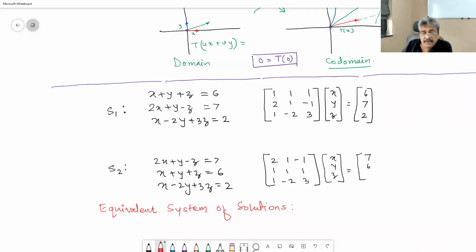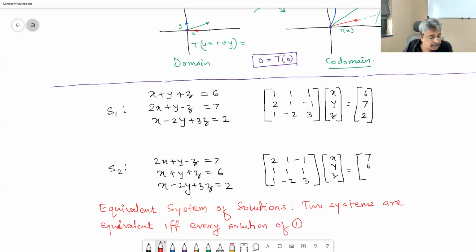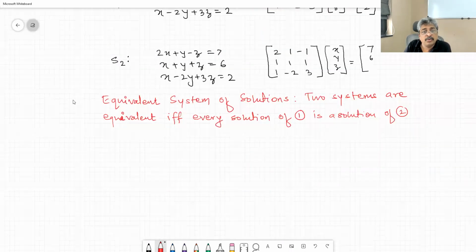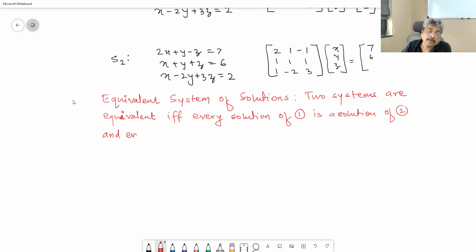Two systems are equivalent if and only if every solution of system 1 is a solution of system 2, and every solution of system 2 is a solution of system 1.